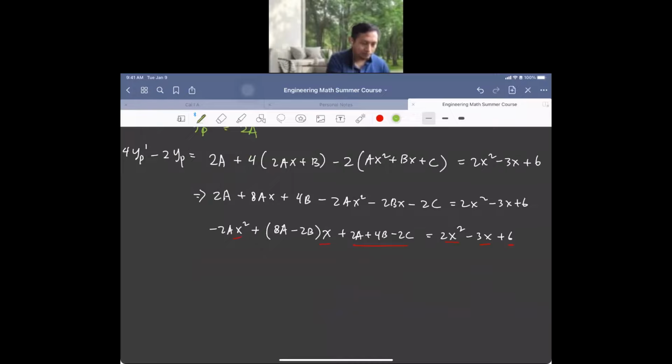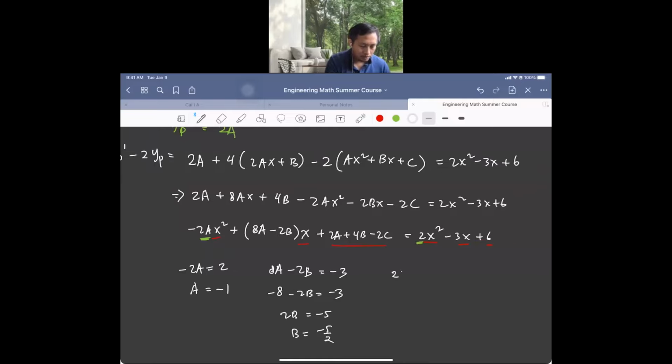We can use substitution or elimination. First, look at the x squared terms: negative 2a equals 2, so a is negative 1. And 8a minus 2b is negative 3, so with a equal to negative 1, that is negative 8 minus 2b equals negative 3, so 2b is negative 5, and b is negative 5 over 2.